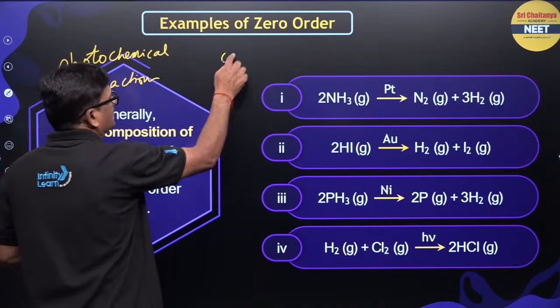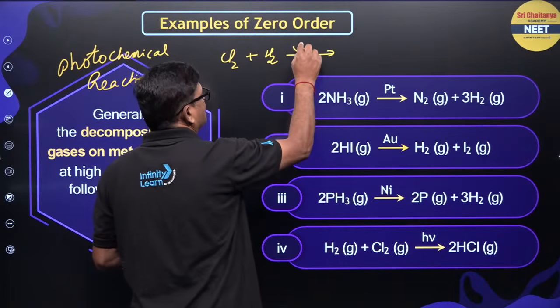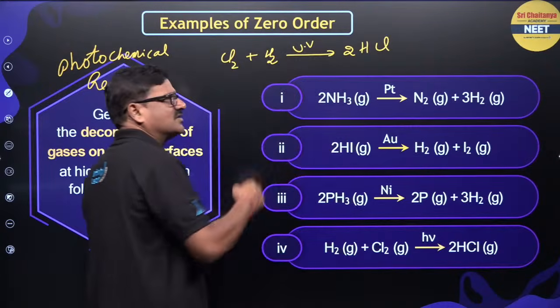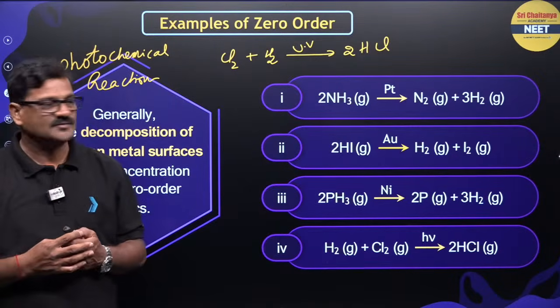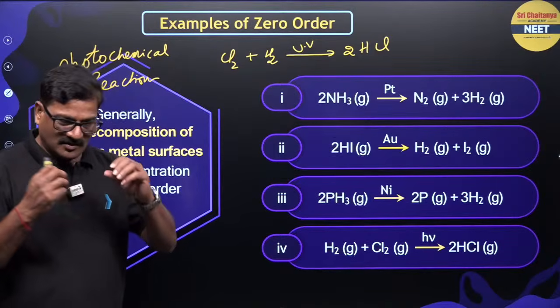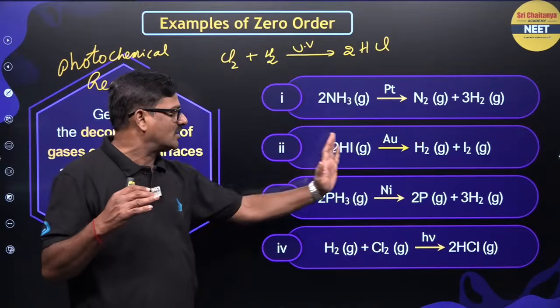Okay, I mean to say Cl2 plus H2 in the presence of UV light gives rise to HCl. This is also zero order reaction. And NH3 decomposed on platinum, any compound decomposed on the metal surface is going to be zero order reaction.